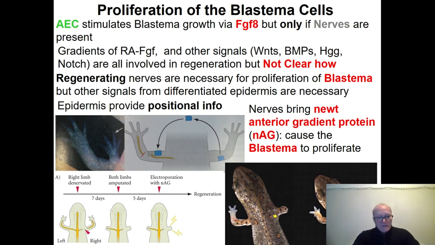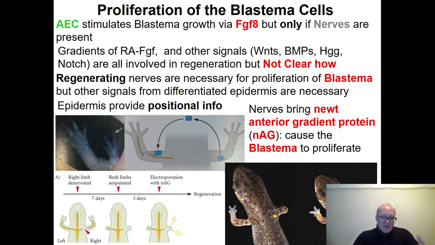This poor animal, this newt, has been used in this experiment, and both limbs have been amputated, but in one limb, in one amputation, the nerves have been removed, so the animal has been denervated in that region. And if you observe the regeneration of the limb, what we see is that the wound with the nerves will regenerate a limb normally, while the other one will not regenerate a limb.